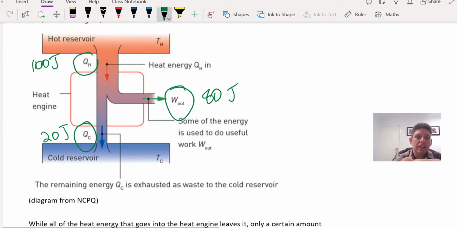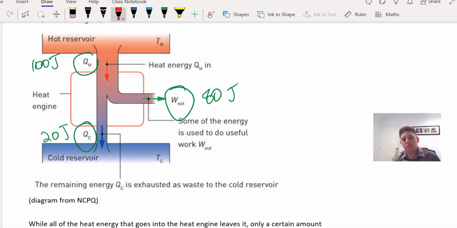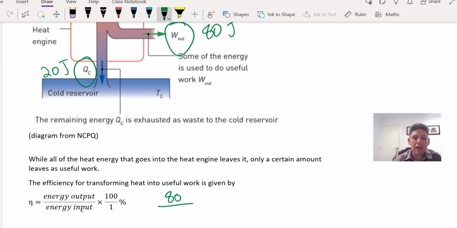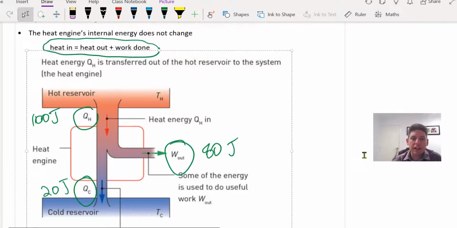This down here is wasted energy. That's what's gone into our cold reserve. That's energy that goes out that's wasted. So the energy output is just this work done by the engine. 80 out of 100 joules, that was useful. So 80% efficiency for this heat engine that I made up. And that's how you calculate the efficiency of a heat engine.